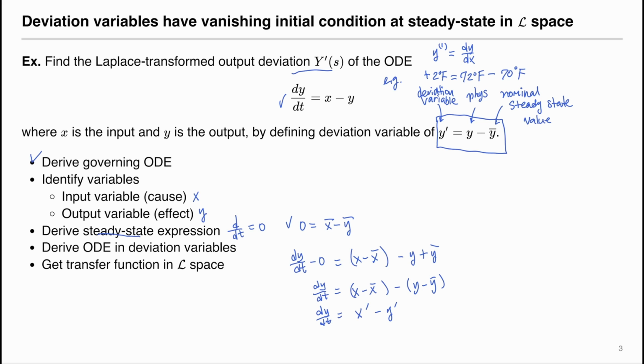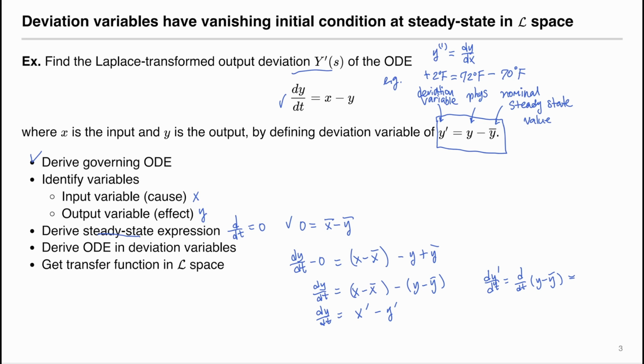But here we still haven't figured out the derivative. What do we do about the derivative? We can use the derivative of y prime, the deviation variable, with respect to t. We know the definition of deviation variable, and we can plug that in: d/dt of y minus y bar. The y is a variable, and the nominal steady state is a constant.